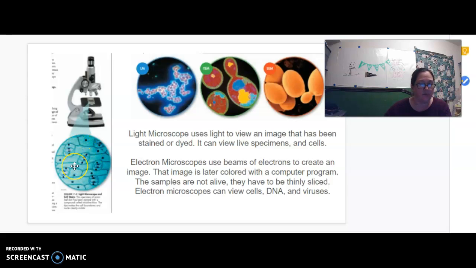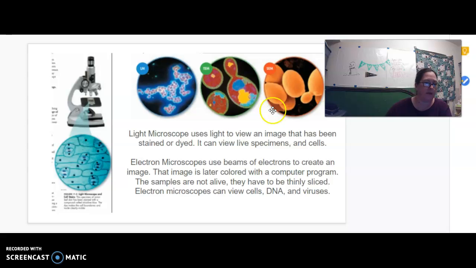So the stains help to highlight different areas, and different parts of the cell can be dyed different colors as well. What else? You can view live specimens underneath a light microscope, so that's an advantage.